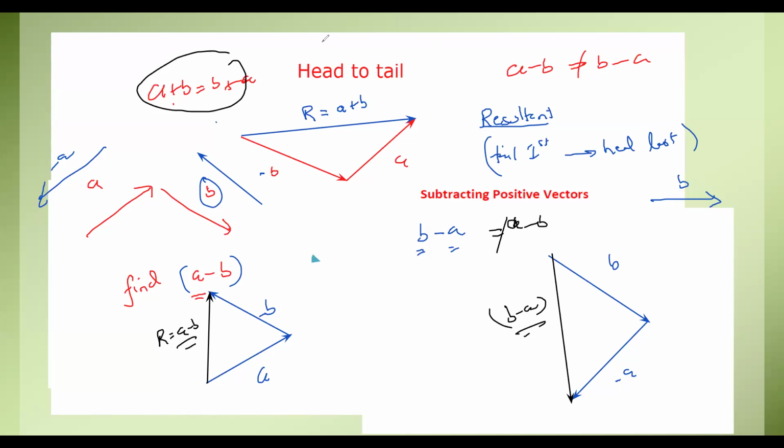If I say we have initial velocity v1 and we have the final velocity v2, what is the change in the velocity, delta v?